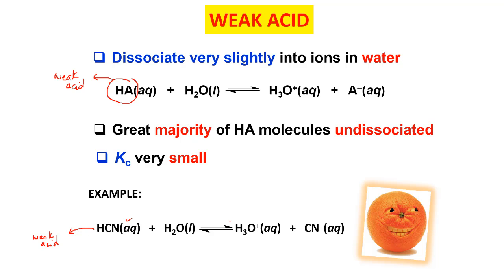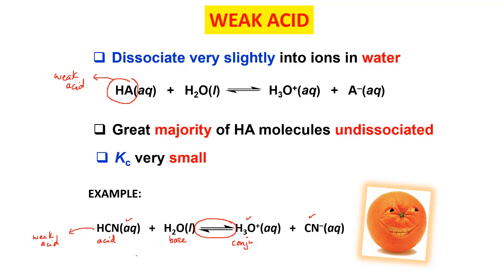Jadi, dia punya persamaan mesti menggunakan reversible arrow. So, peranannya masih sama. According to BRØNSTED-LOWRY definition, hydrocyanic acid donate a proton to water. So, water tu tadi jadi hydronium ion and hydrocyanic acid dia jadi cyanide ion, aqueous.